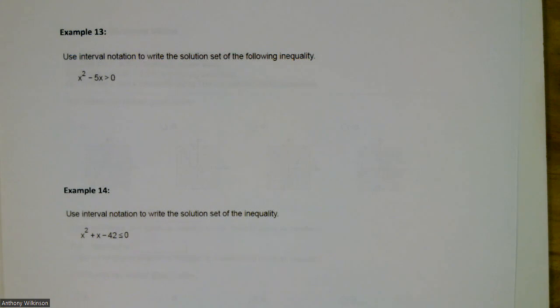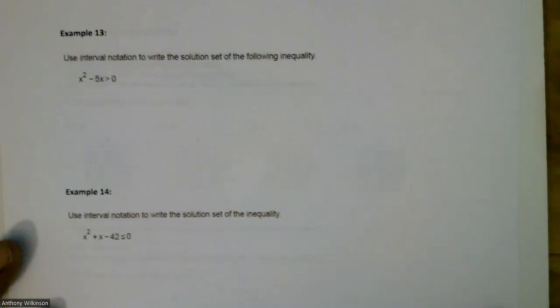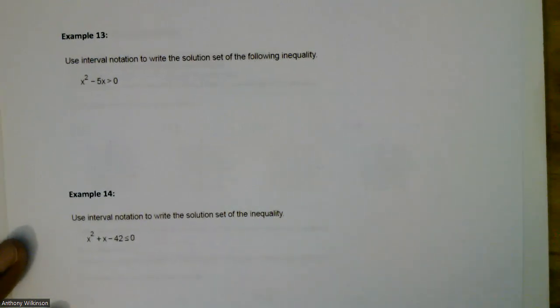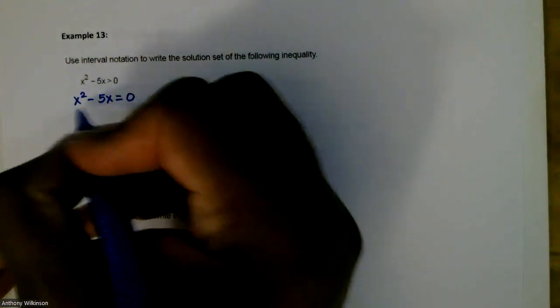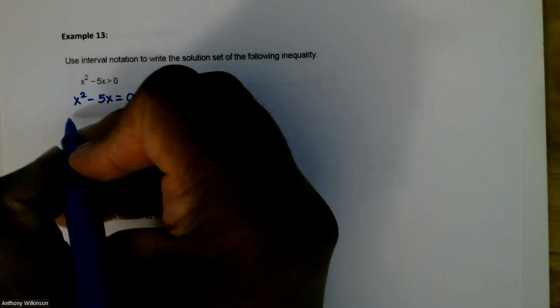Let's say we had x squared minus 5x is greater than 0. In this case, there are ways that you can find out what that is, but here, I'm going to find out what my x-intercepts are. I'm going to treat this as x squared minus 5x is equal to 0. Now, there's a common factor in x squared and 5x, which is just x.